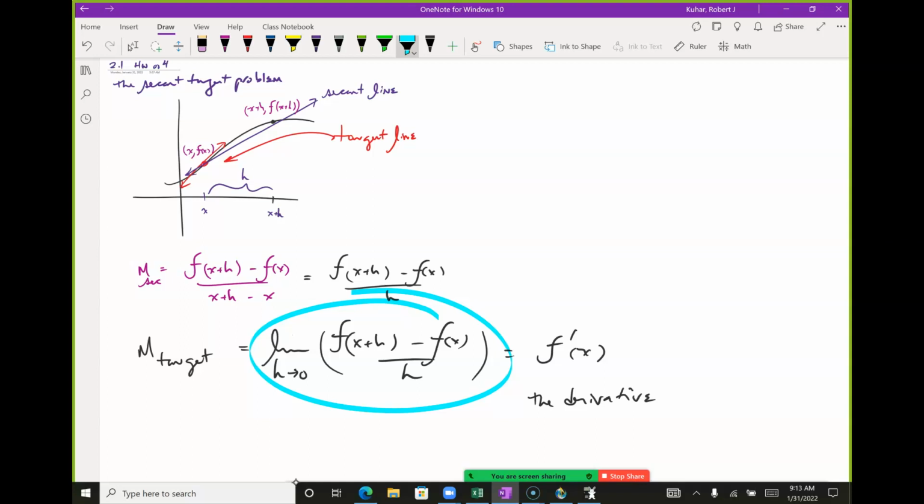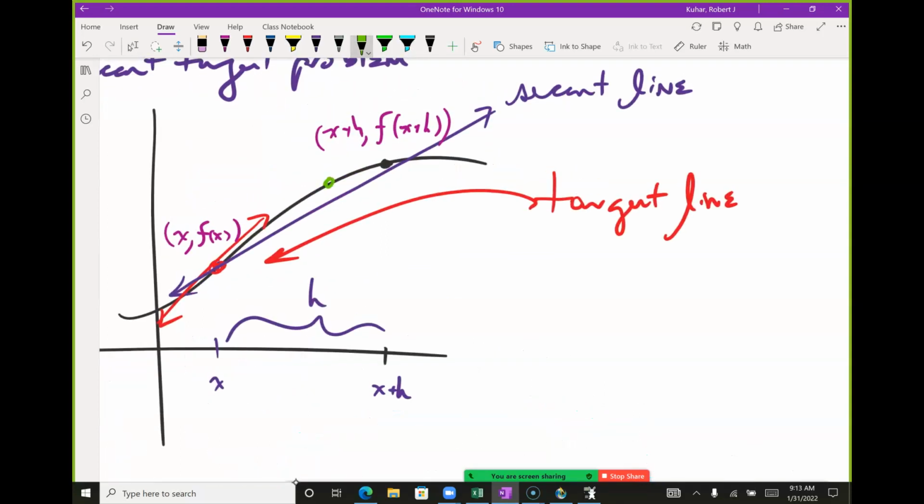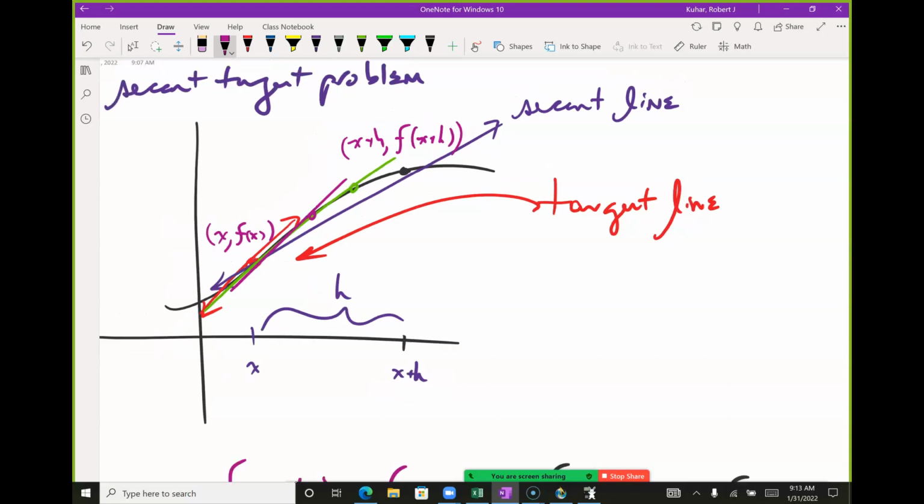So what the book is going to have you do, what WebAssign is going to have you do, is calculate a bunch of secant slopes, right? So imagine I pick a second one, and then a third one. And you can see my blue slope to the green slope to the purple slope to the red slope. They're getting closer and closer to each other, right?